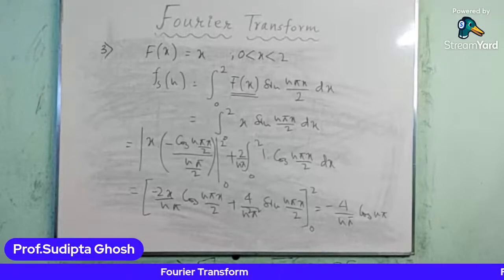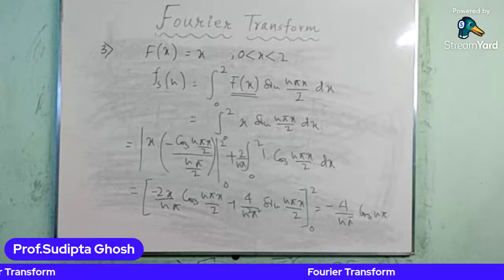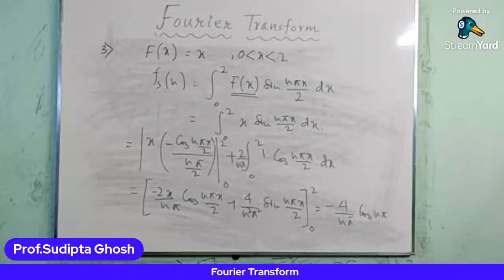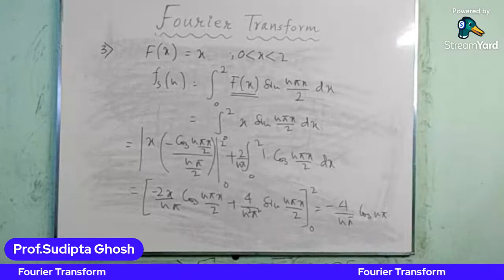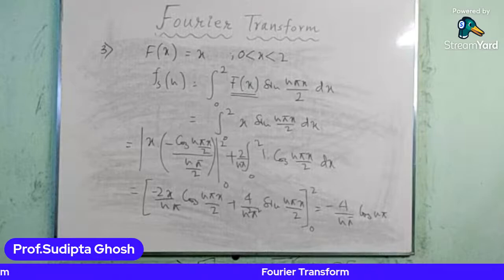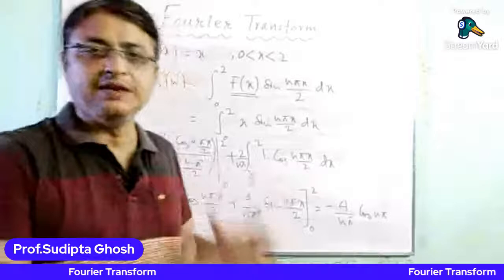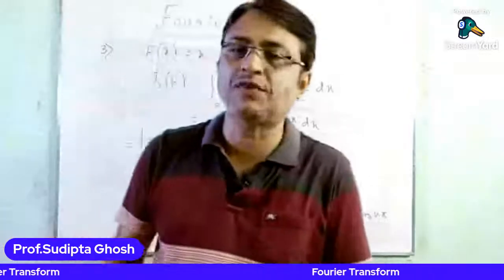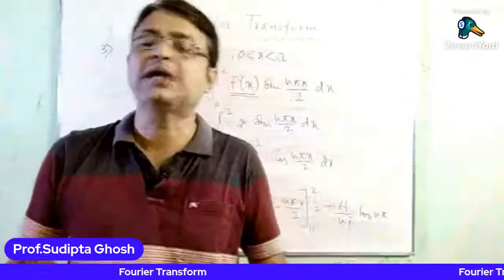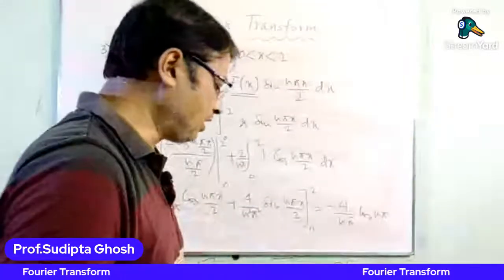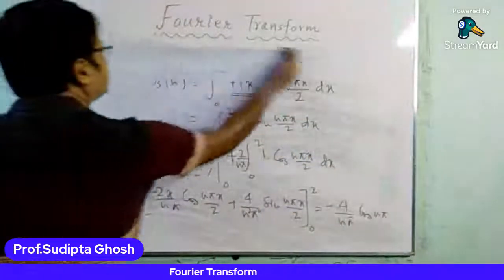Let's move on to the second part, that is Fourier cosine transformation. Here also the Fourier cosine transformation is divided into two, the infinite Fourier cosine transformation, and the second one is the finite Fourier cosine transformation.